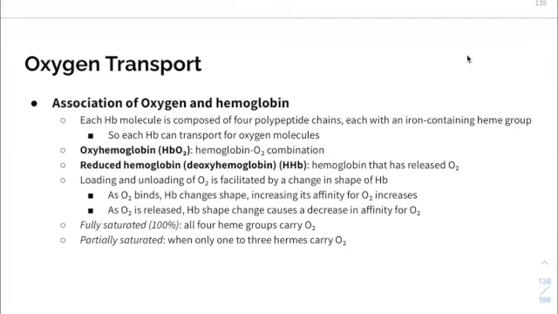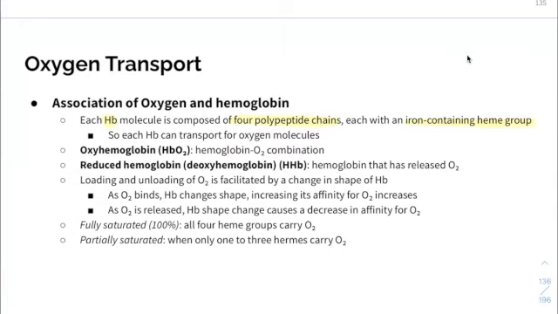When we looked at our red blood cells in the first chapter in Anatomy 2, we talked about how there were 4 polypeptide chains that make up each hemoglobin molecule. Hb stands for hemoglobin. They all have that iron-containing heme group because hemoglobin needs to get us our oxygen.